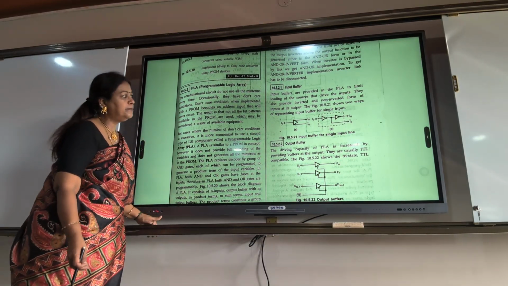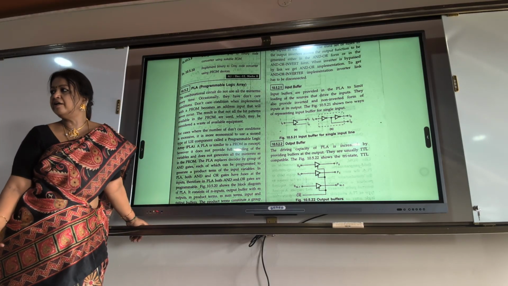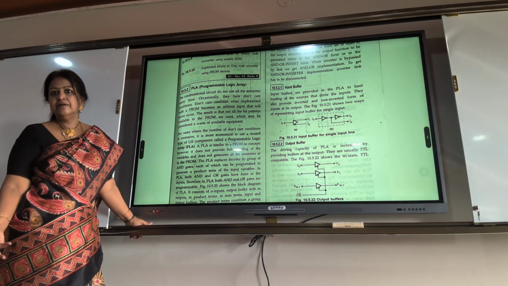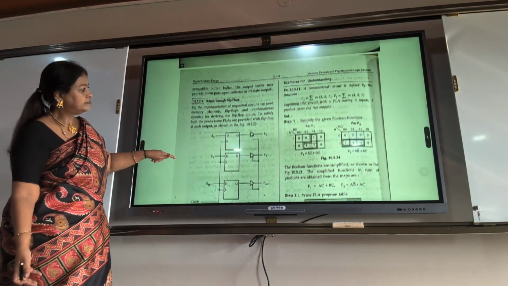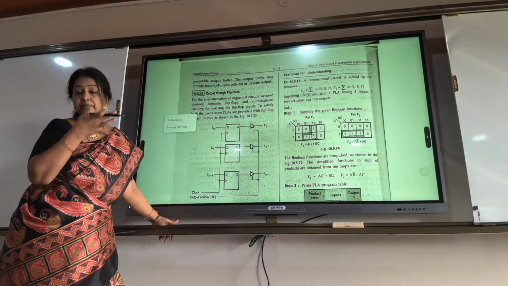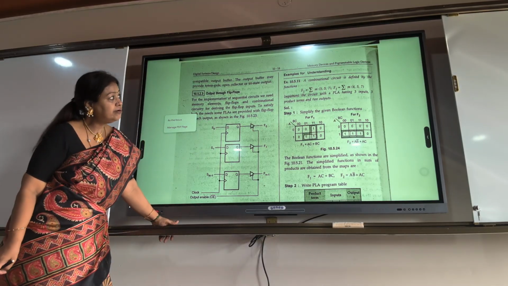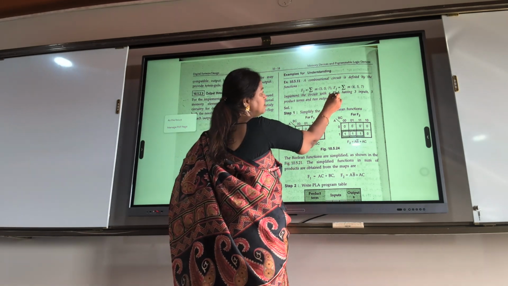Next is PLA. Programmable logic array. That means both AND and OR can be programmed. This is the problem. F1 of 3, 5, 7, F2 of 4, 5, 7. Implement using PLDs.